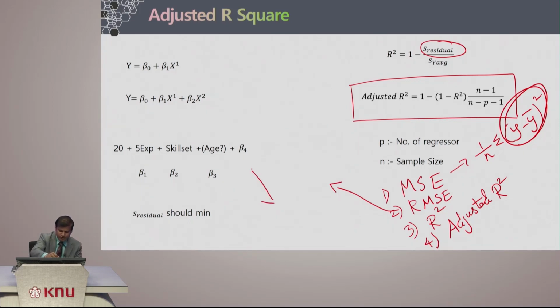We are just going to take a root, and we have the predicted value minus the actual value, the whole square by n.